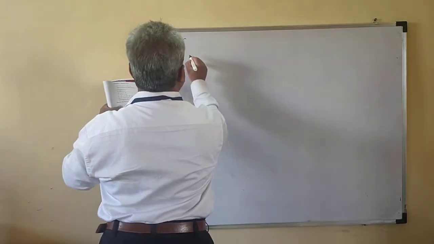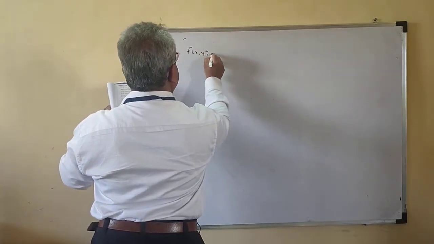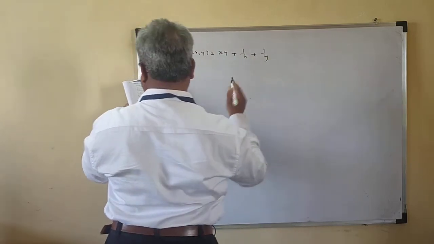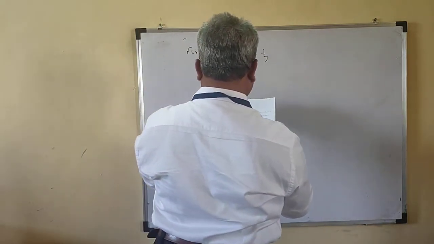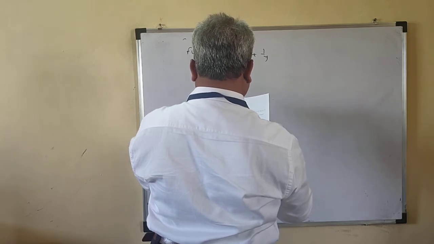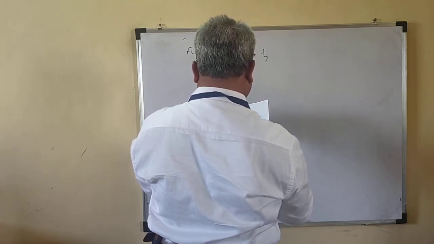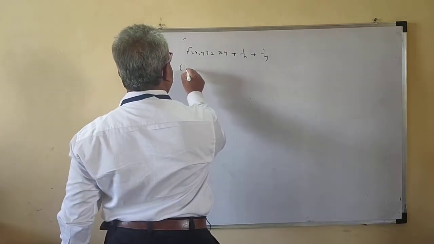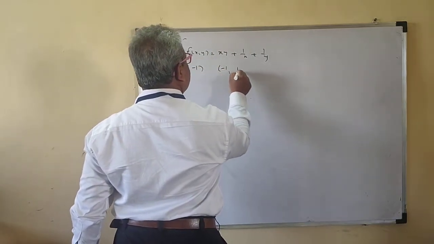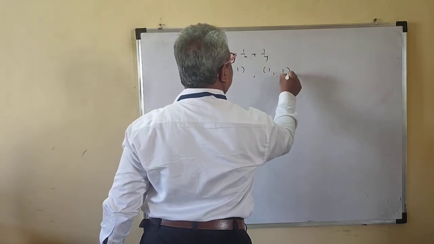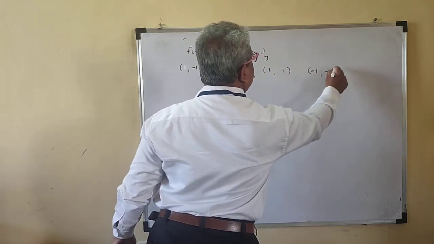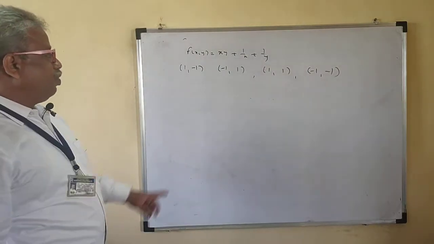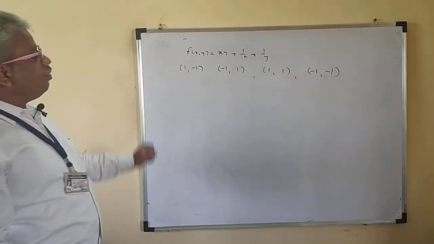Suppose we have been given this function f of x, y equals xy plus 1 by x plus 1 by y, and the points are given to you: 1, minus 1; minus 1, 1; 1, 1; minus 1, minus 1. Okay, which one is the critical point?